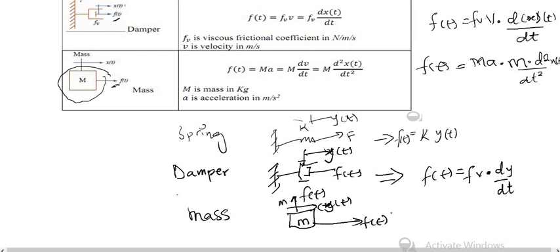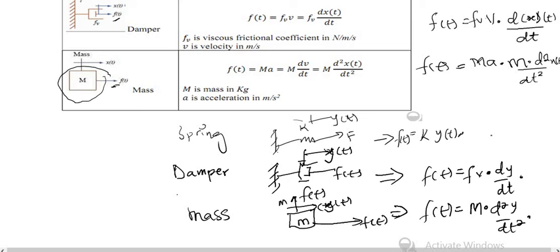So the applied force f of t must be equal to the mass times the acceleration, which is the second derivative since it is velocity per unit time. So we say d square y over dt square.